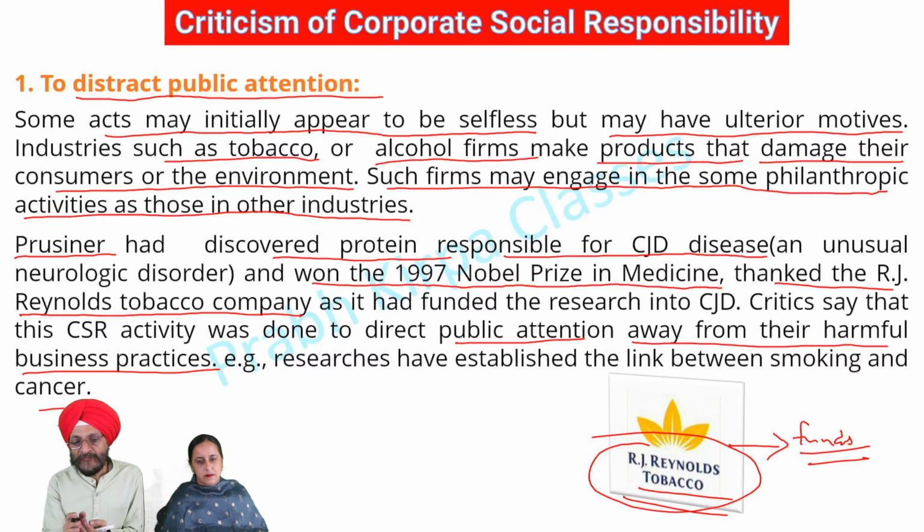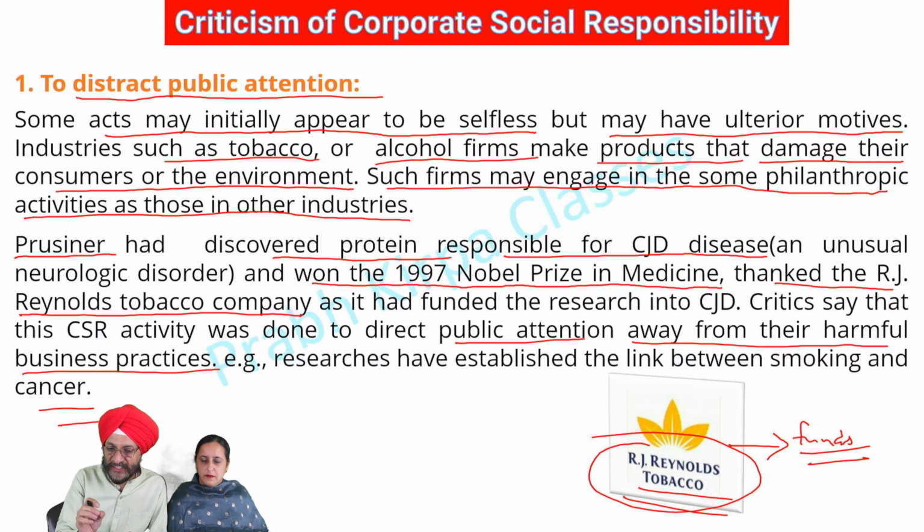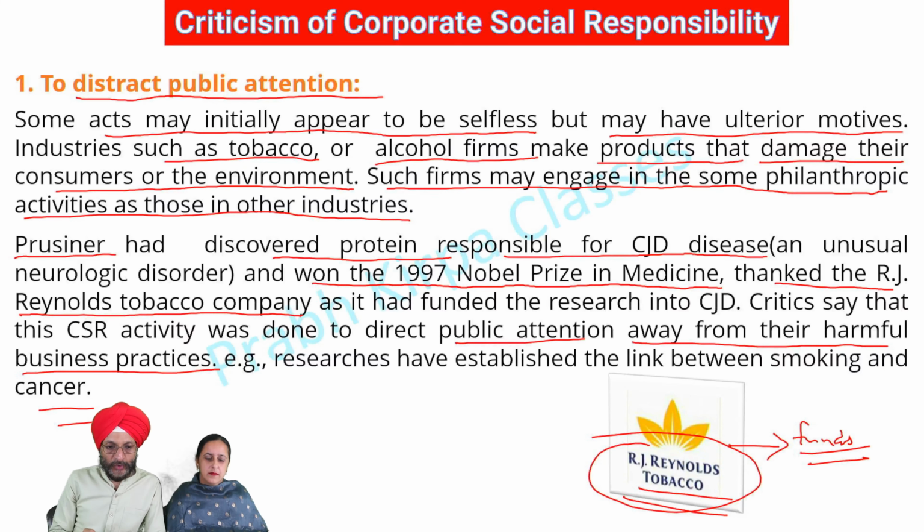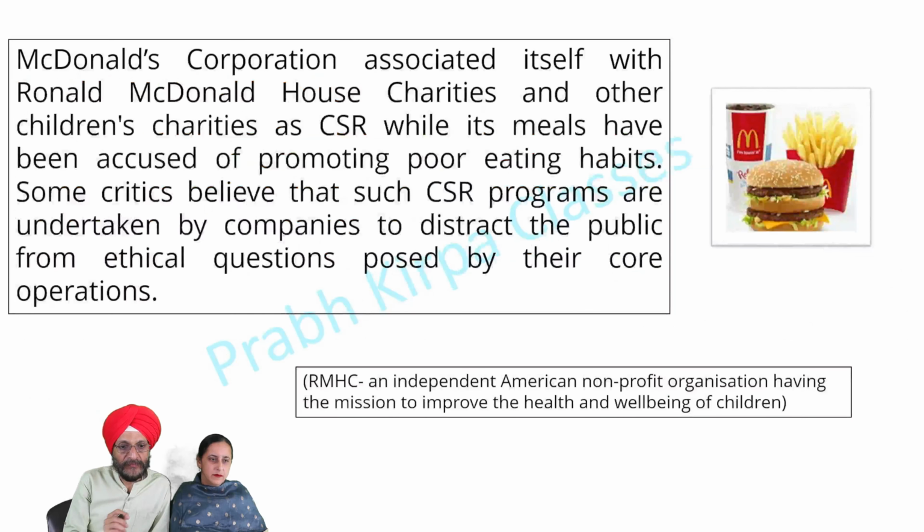So ultimately, this company was involved in some manner which was causing cancer in human beings. So it is said that the CSR activities of companies like RJ Reynolds Tobacco Company are only aimed to divert the public attention, and their main aim is not the welfare of the society or the environment.